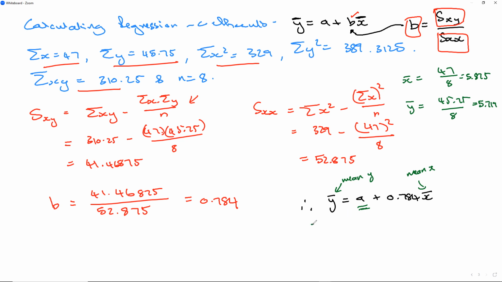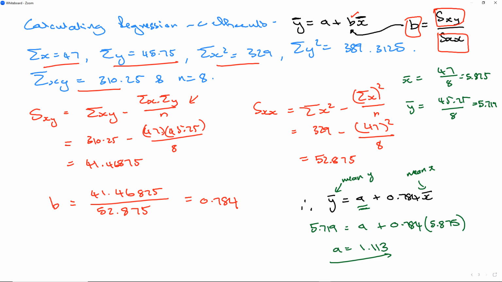Now, y bar over here, this is going to be 5.719 equals my a value plus 0.784 multiplied by 5.875, and then I'm just going to solve it, subtract the right hand side on the left. 0.784 times 5.875 comes to 1.113. All right, and that's going to be my a value.